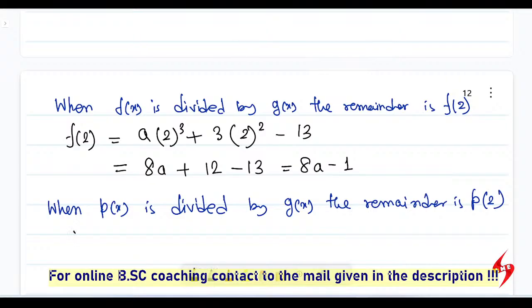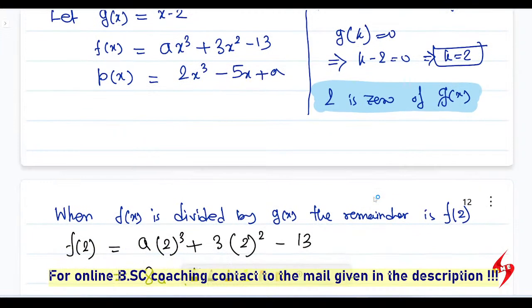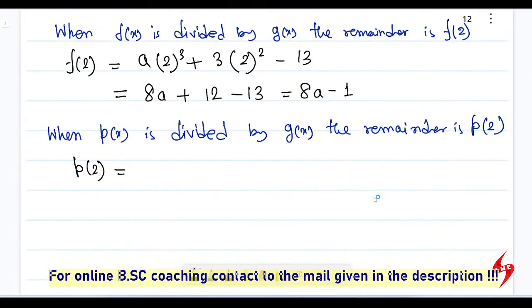So what is p of 2? Just replace x by 2 in this formula, 2x cubed minus 5x plus a. So 2 cubed minus 5 into 2 plus a.